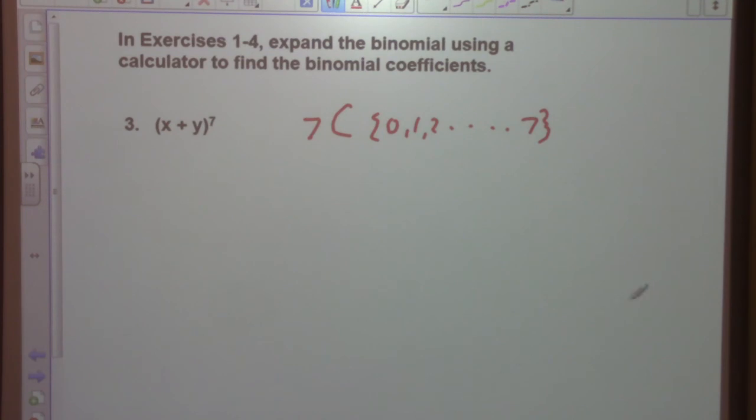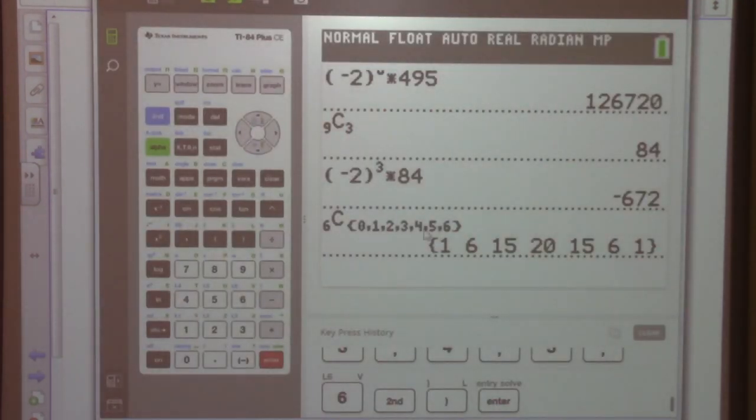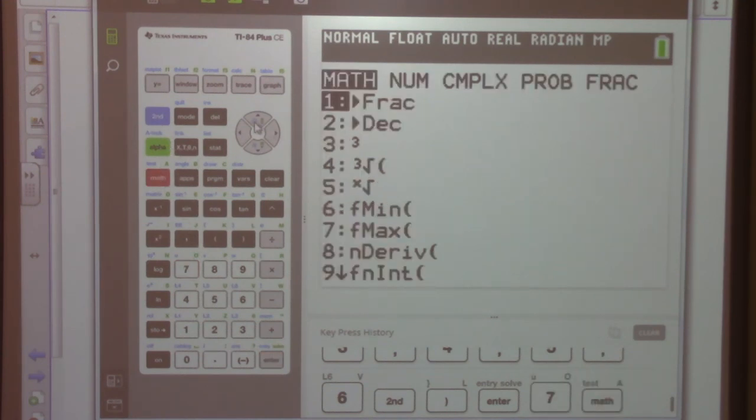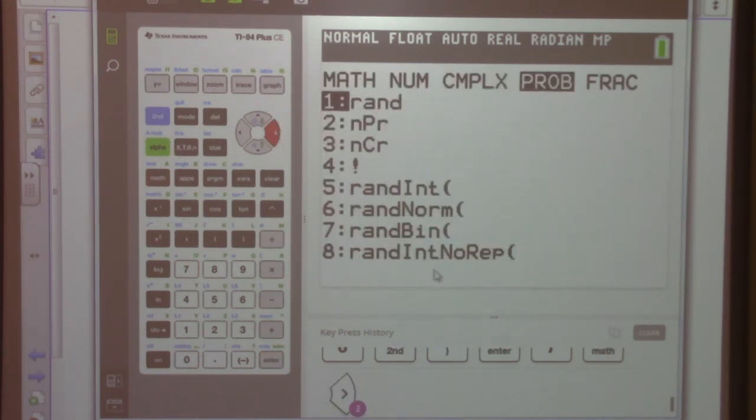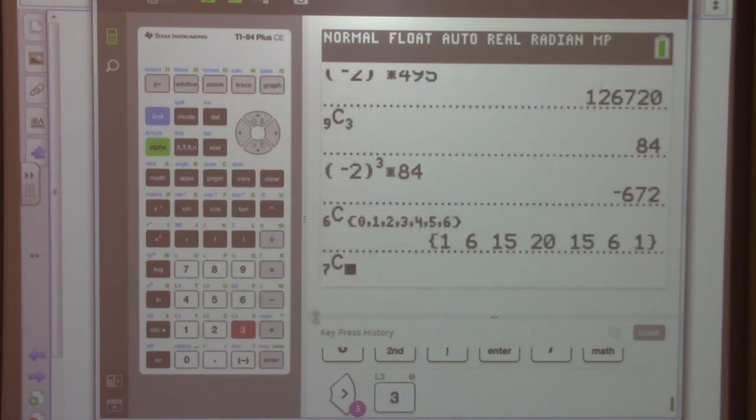Go to your calculator, and you go to 7, and then you go to math, problem 3, and here's where you put in 0, 1, 2, 3, 4, 5, 6, 7.